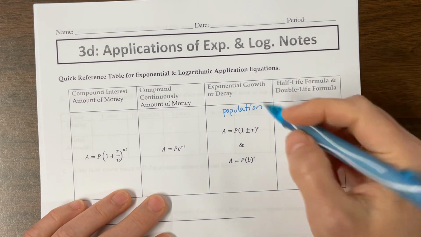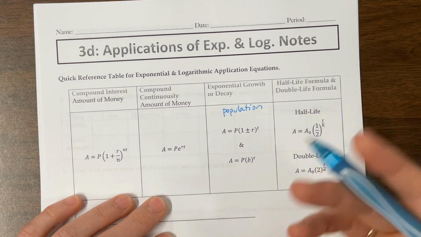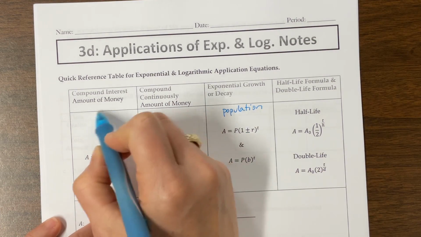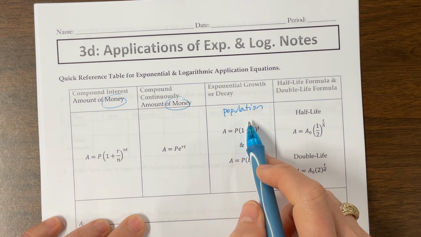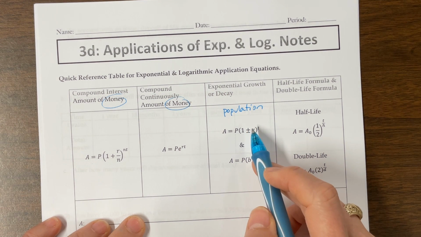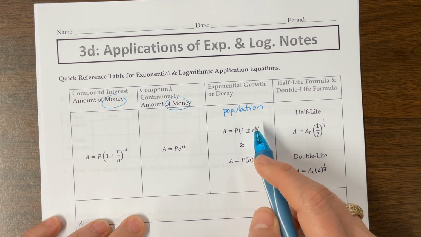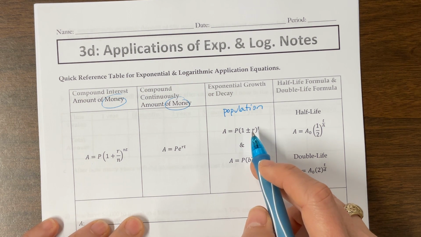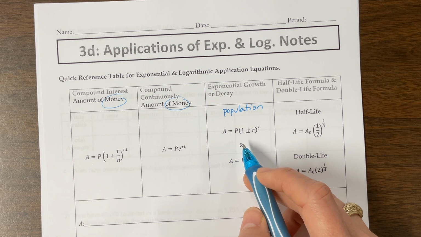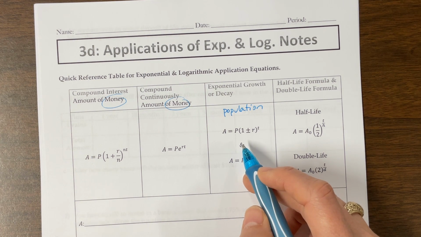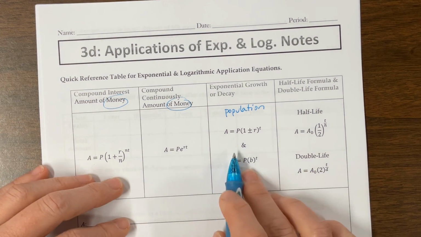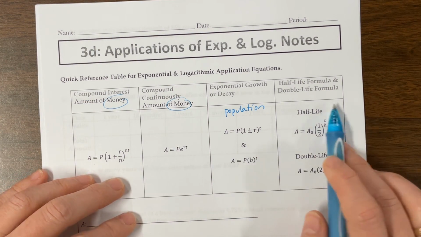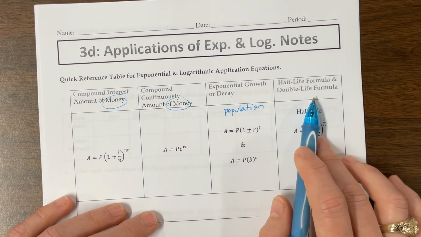These two are typically money, and this one is typically population, or the number of bacteria. You could make this like the price of a car increasing or decreasing. As you drive it off the lot, it decreases by 10% every year or something like that, and that would fall into this category. The other one is a half-life or double life formula.